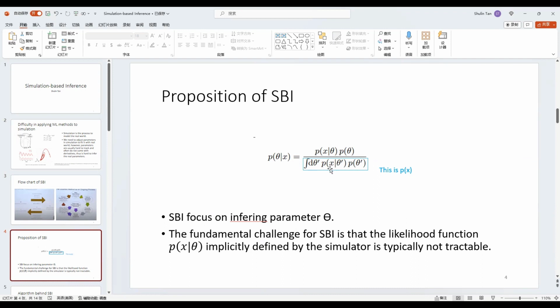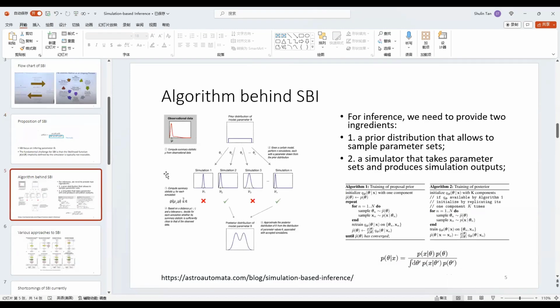What SBI does is that you first propose a distribution of your parameter theta.